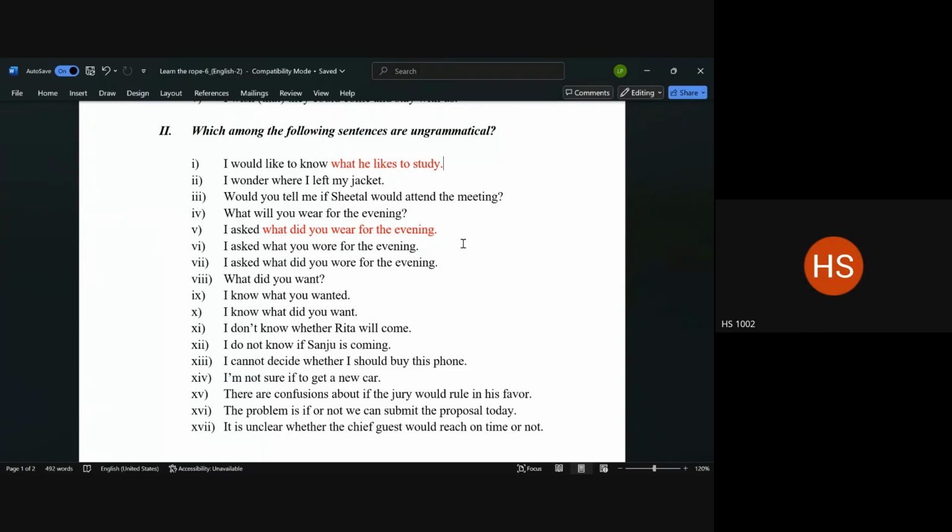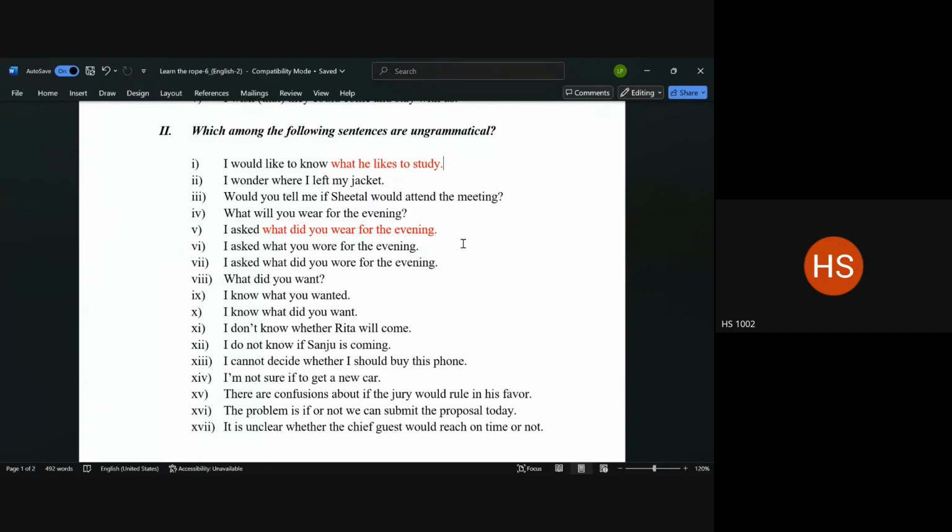Where is the verb? If I have to add the tense to it, it is in past tense, so I have to change "wear" to "wore," right? To remove the helping verb from there. So if I have to make this question clause grammatically right, I have to rewrite it as "what you wore for the evening," which is actually the right answer in question number 6.